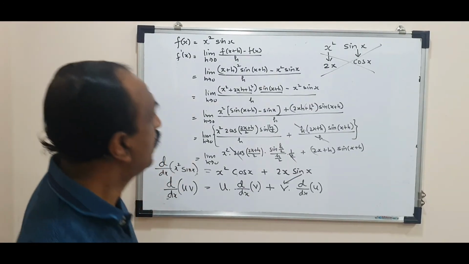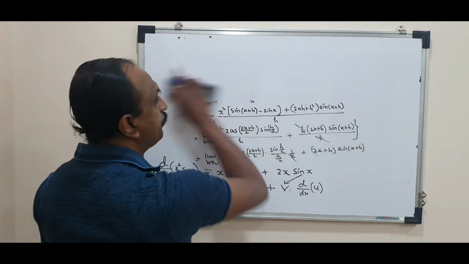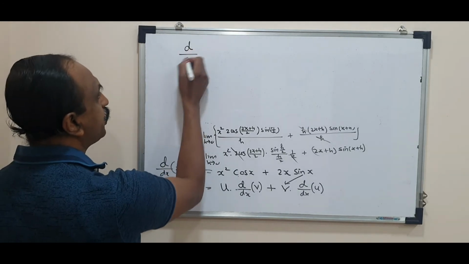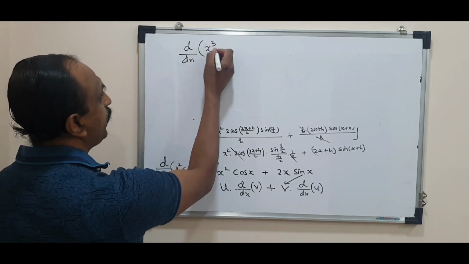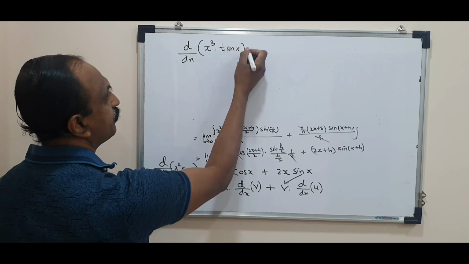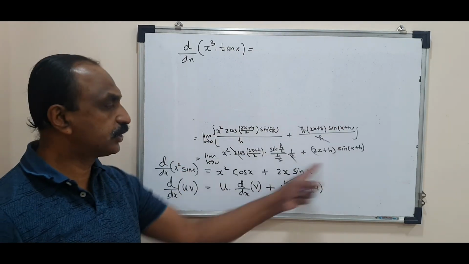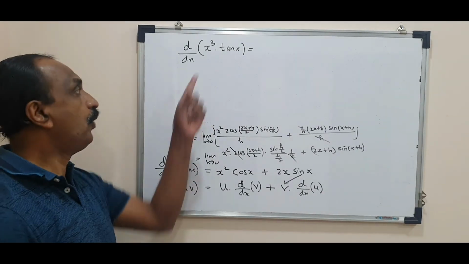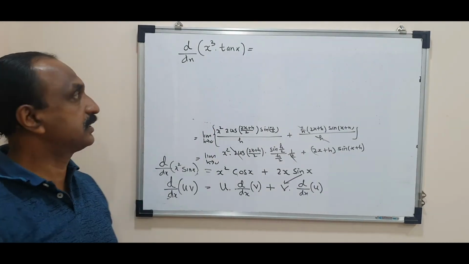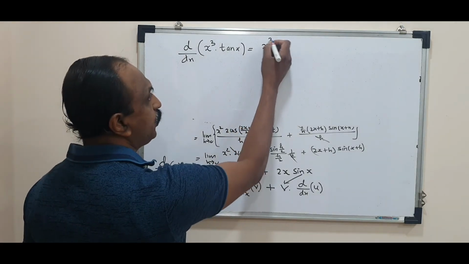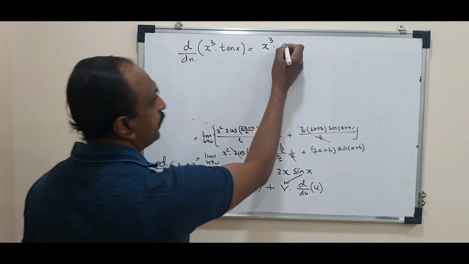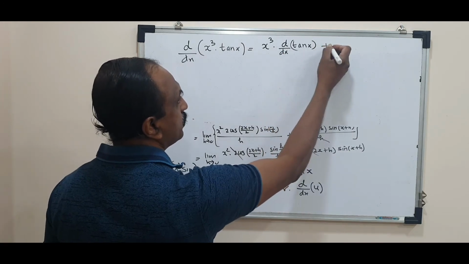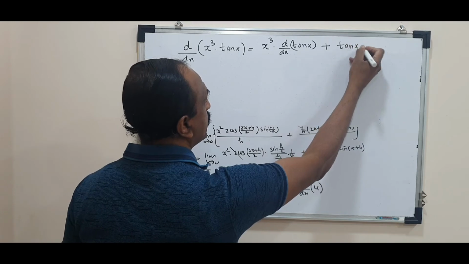So let's imagine I want to calculate the derivative of x cube into tan x. If I have to go by the old procedure, it would take a lot of time for me to find the derivative. Now I can use this technique and get the answer. How will I do it? x cube remains as it is. Derivative of tan x, plus tan x remains as it is.